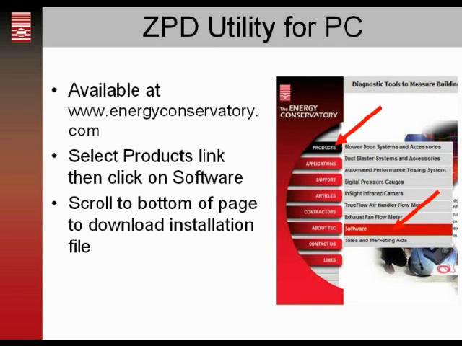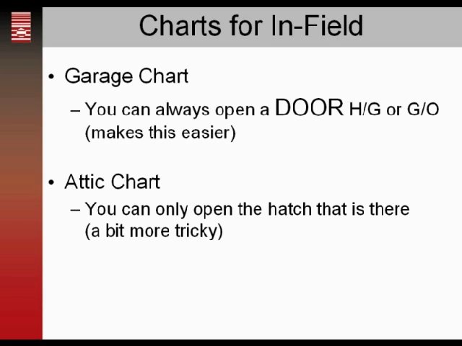On the Energy Conservatory website, if you go to products and then software, scroll down towards the bottom of the page, you'll see that zone pressure diagnostic calculation utility. And then there's charts we'll be going over that you can use in the field too. And you'll need to open the door between the house and the garage or garage to outside.